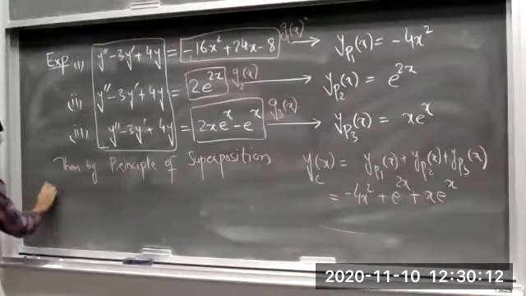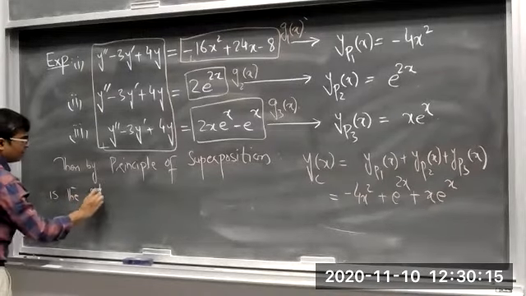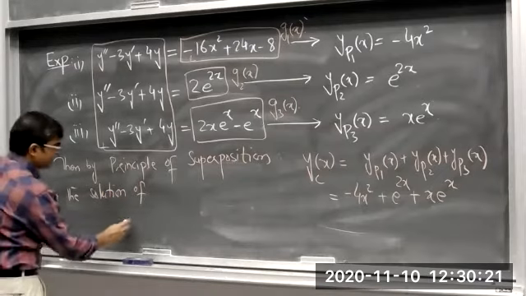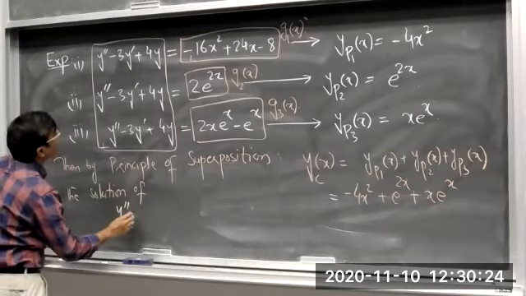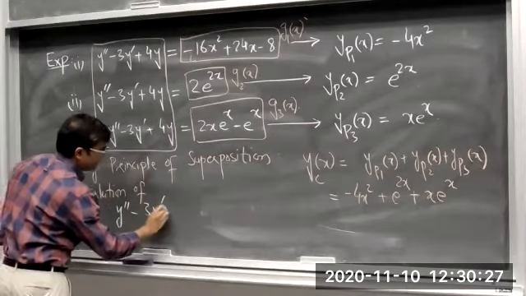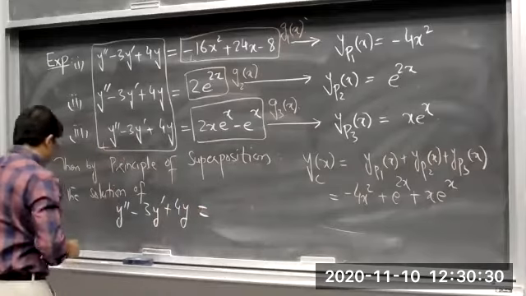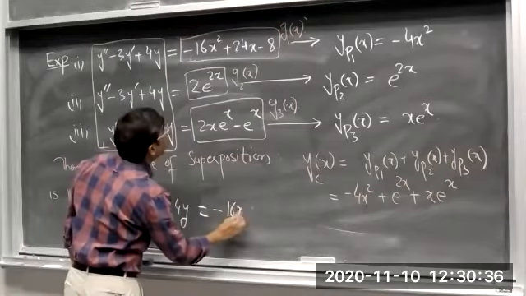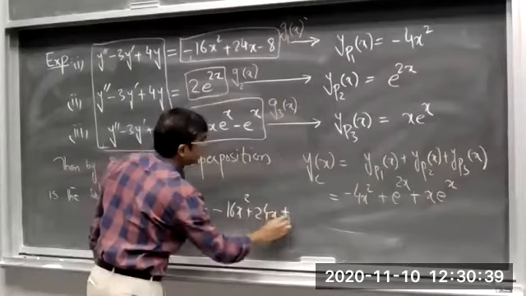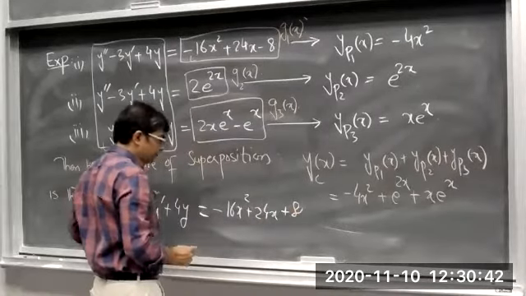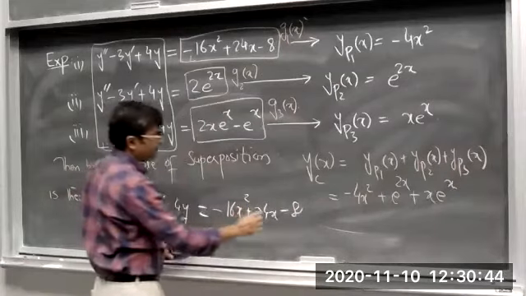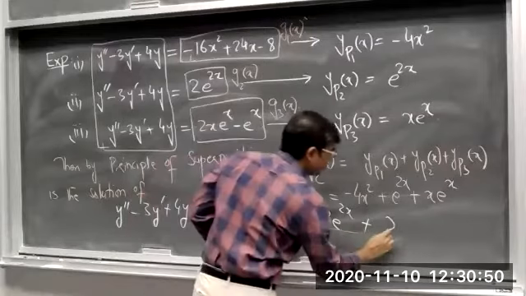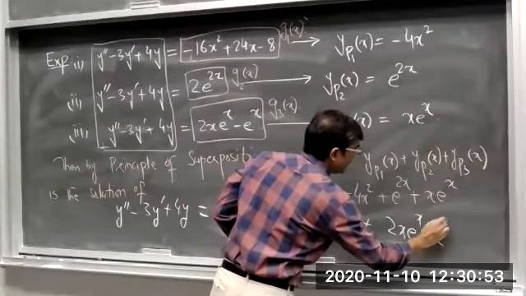This is the solution of the following ODE. Now the ODE is: y double dash minus 3y dash plus 4y is equal to, you can write all three functions on the right-hand side, minus 16x squared plus 24x minus 8, plus 2e raised to the power 2x, plus 2x e raised to the power x minus e raised to the power x.